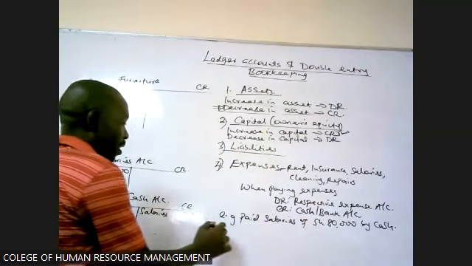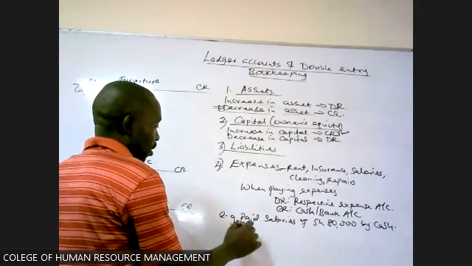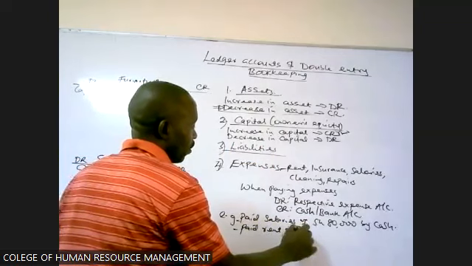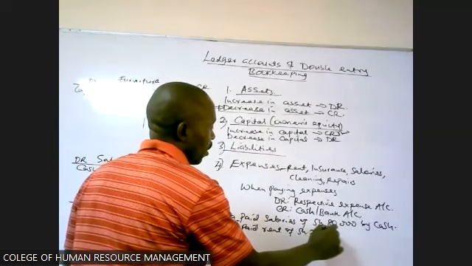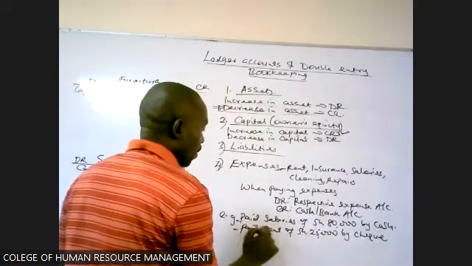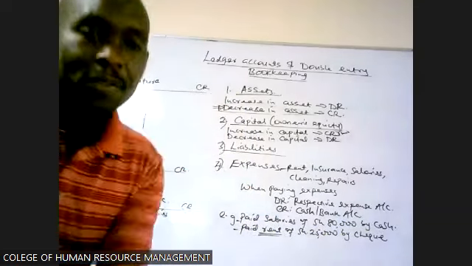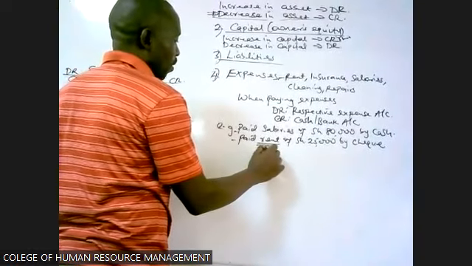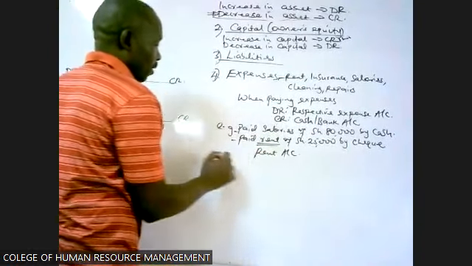If we have another one here, paid rent of shillings 25,000 by check. The expense that you have paid is rent. So just come here, open your rent account.